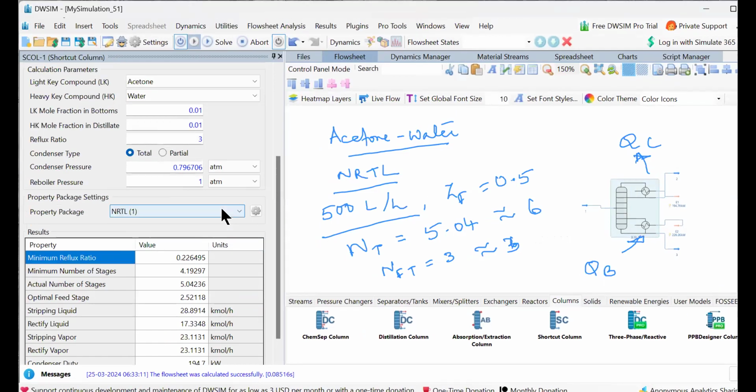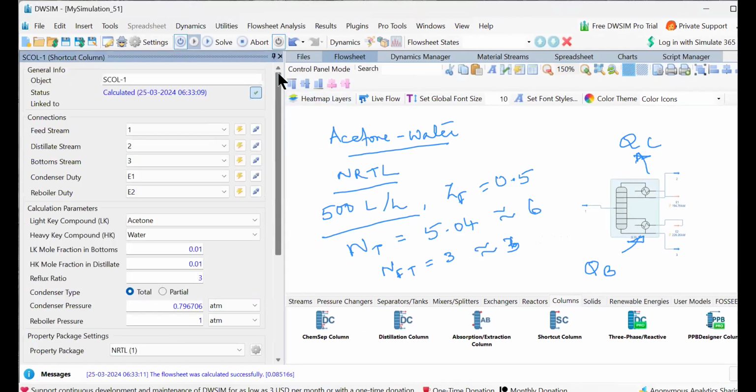If I go up, these are the specifications of the column: light key mole fraction, heavy key mole fraction in the distillate. Light key mole fraction in the bottoms means acetone is our light key. In the bottoms, I'm intending to obtain 0.01. That means in the top, it should be 99%.